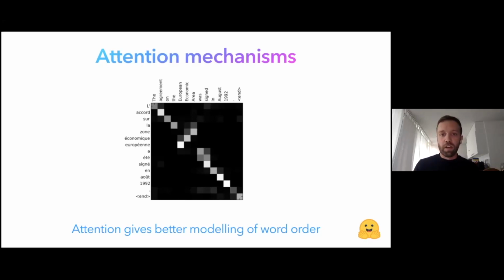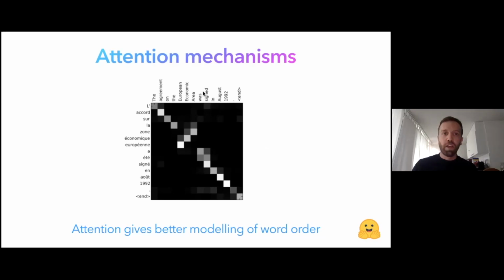Here's an example of an English to French translation. Each pixel corresponds to the attention the model pays at each step. If the pixel is on the diagonal, that means that when processing a word, it looks at the word at the same position.